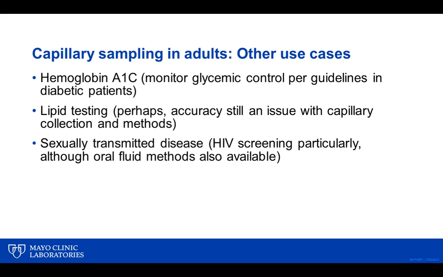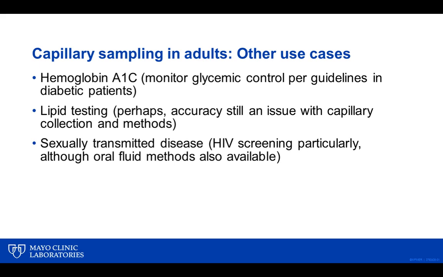What about other use cases in adults? Hemoglobin A1C works fairly well. We do hemoglobin A1C capillary sampling and point-of-care methods in 2 or 3 different settings in our practice, and not all devices at the point-of-care work great, but there are at least 2 devices that have a lab quality A1C available from a finger stick sample.